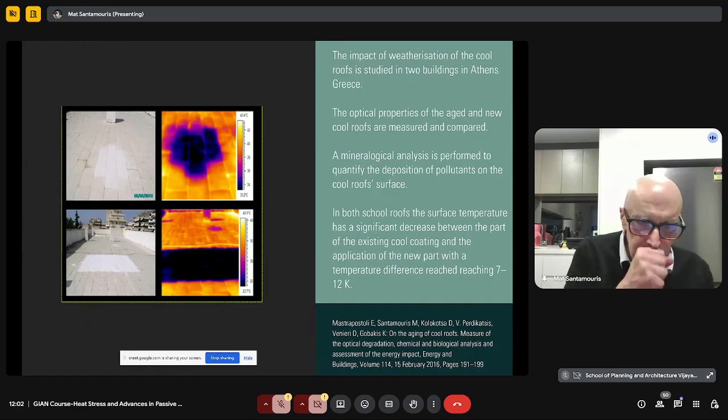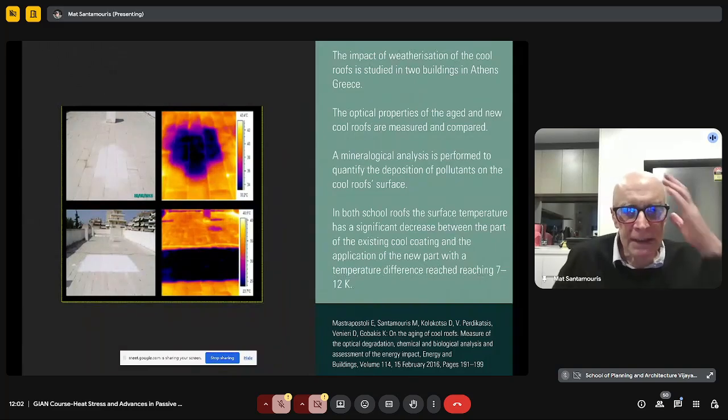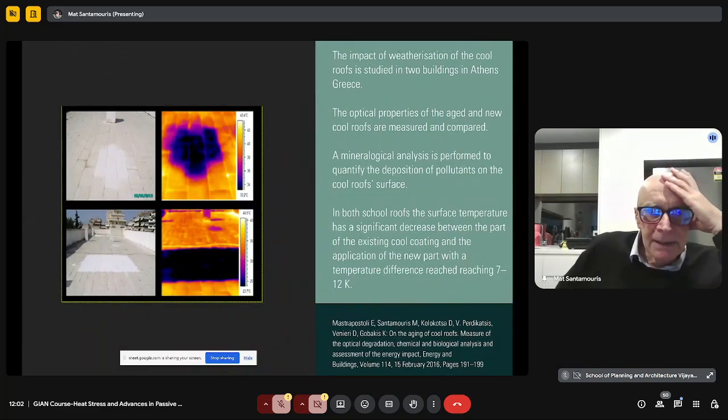You see, for example, one experiment that we have done where we installed a cool roof and after some years we measured the optical degradation of the cool roof, and we compared it with a fresh cool roof. You see that there is an important difference.